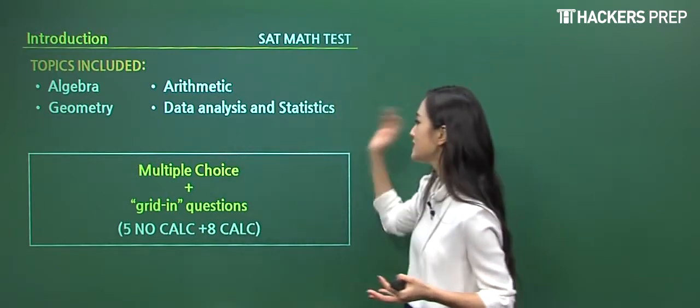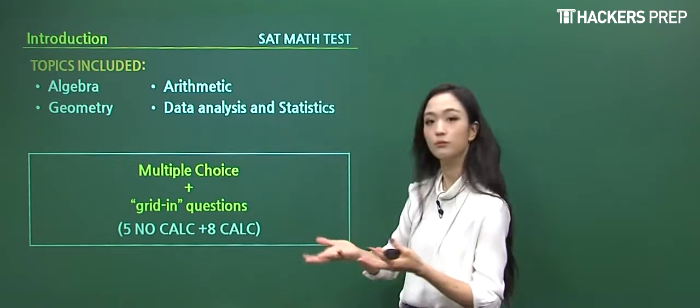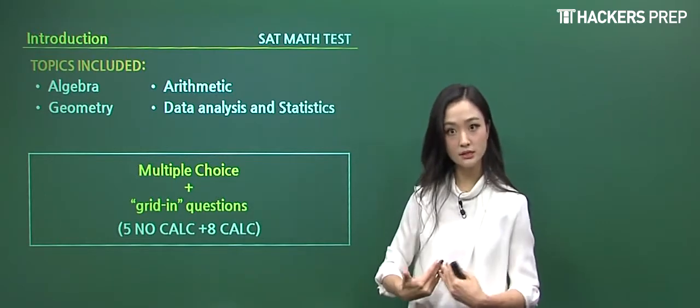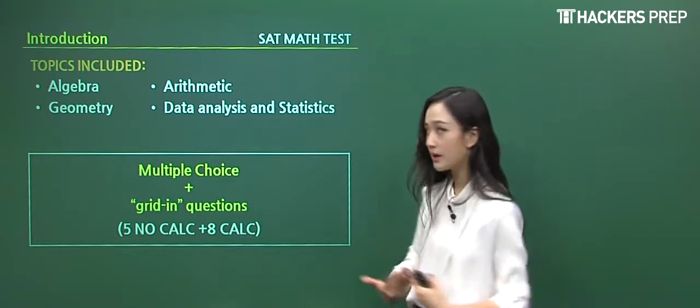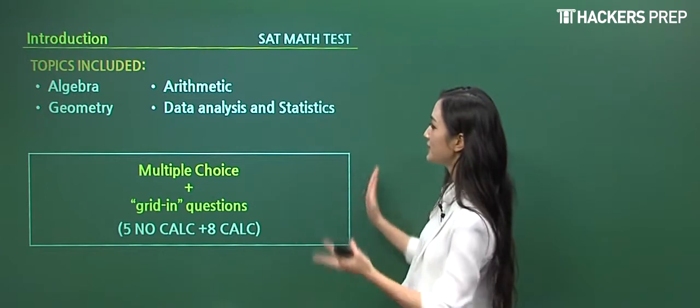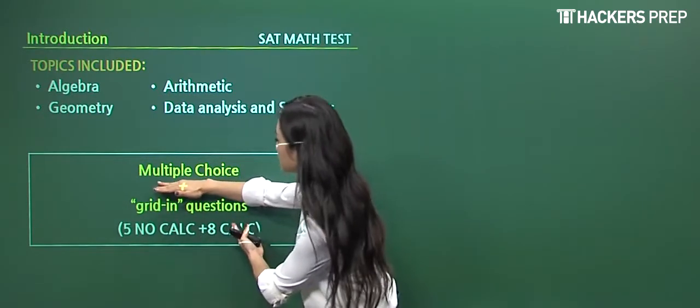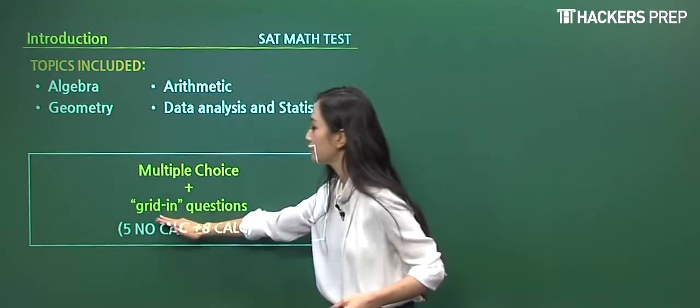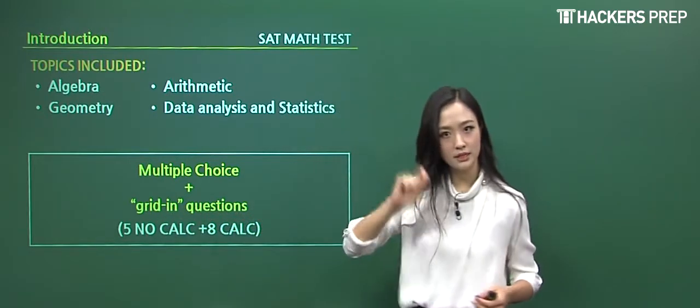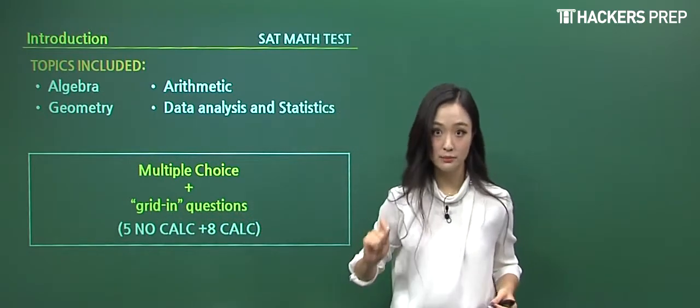Data analysis and statistics is going to present certain graphs, and they'll ask us to analyze them and come up with some basic trends and all that fun stuff. So overall, there's a multiple choice section and a grid-in portion. It simply means writing down the free response part.